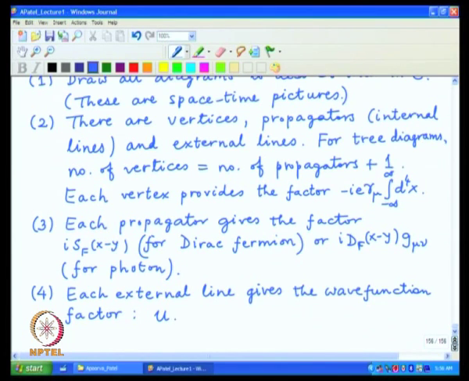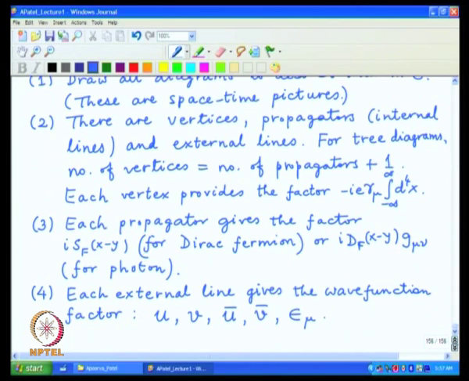It can be u for an electron in the initial state or a v for a positron, it can be u bar for an electron in the final state, similarly v bar for a positron, and if it is a photon, we have seen that the description is given by this polarization vector epsilon mu.